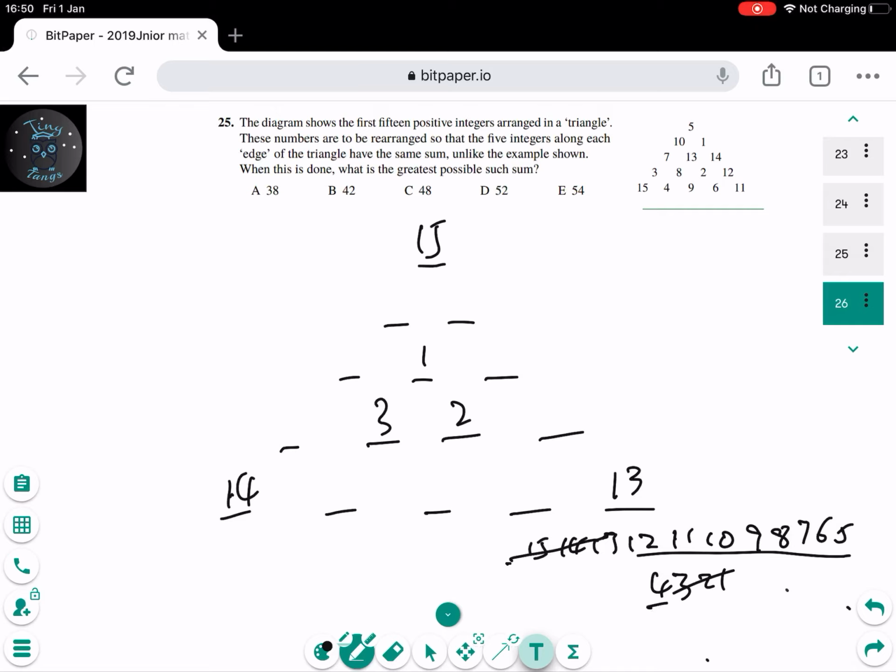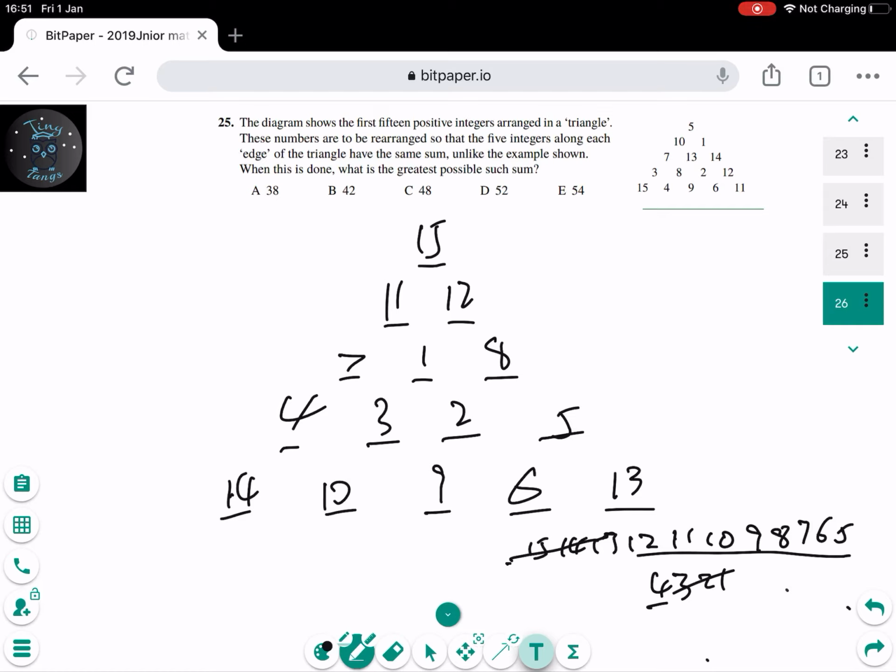Let's try putting... I did quite a lot of trial and error here. So let's try 12, 11, 10. And then we do the same. So 9, 8, 7, and 6, 5, 4.